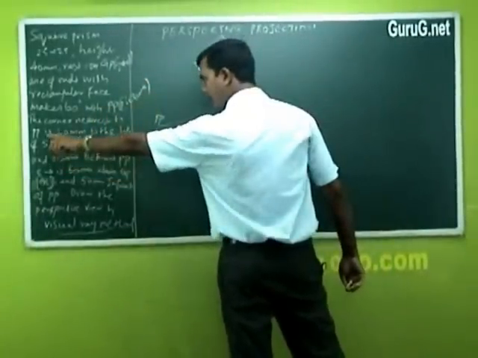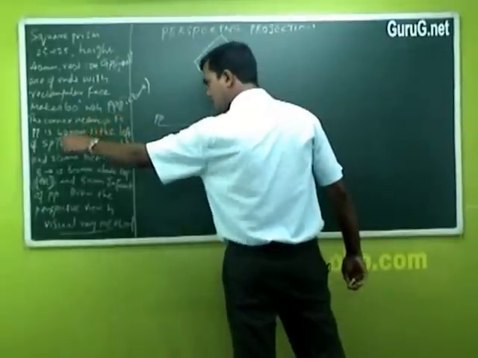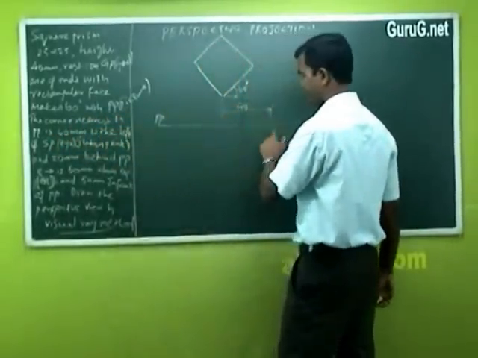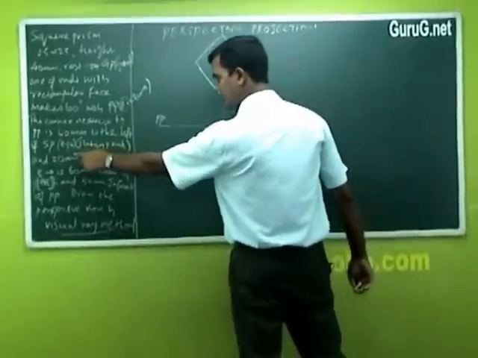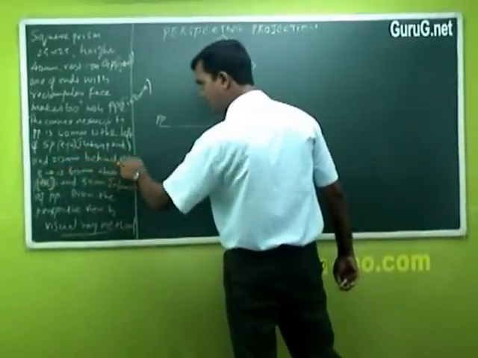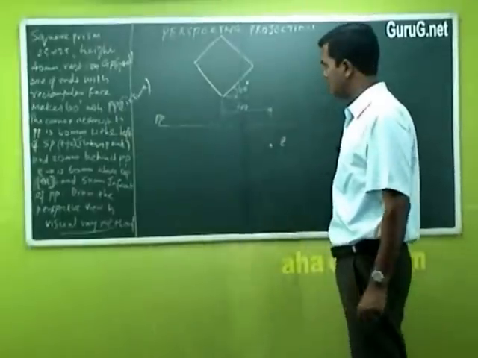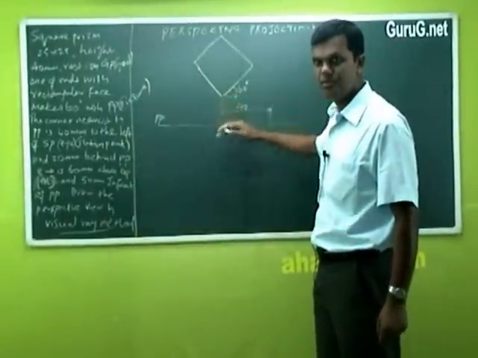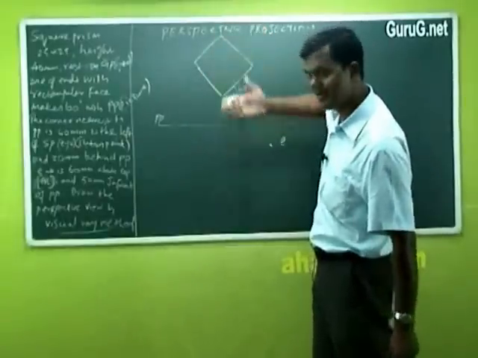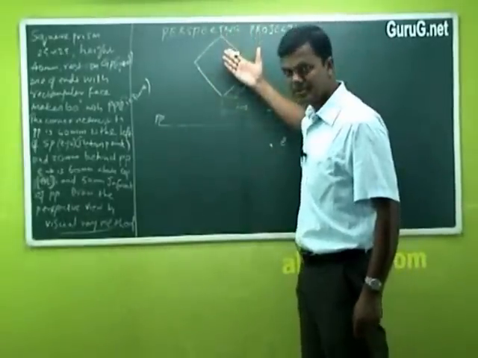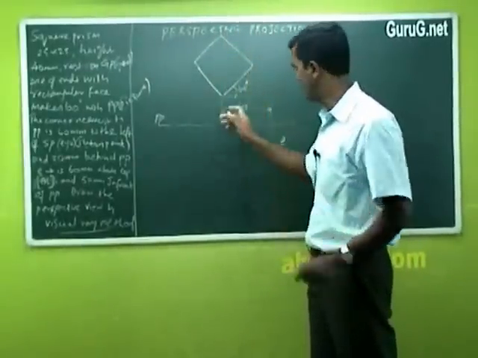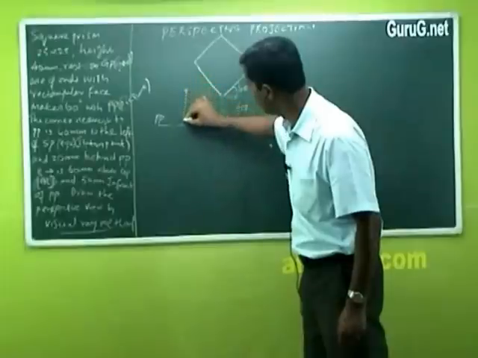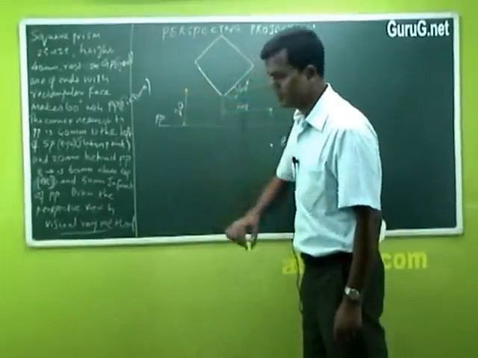Third, the corner nearest to PP is 40 millimeter left of SP, the station point, and 20 millimeter behind PP. What is this 20 millimeter? This distance we have not defined yet. That's called behind PP. This is the plane here, and the body is on the backside, which is called behind. So this distance is given separately as 20 millimeter.